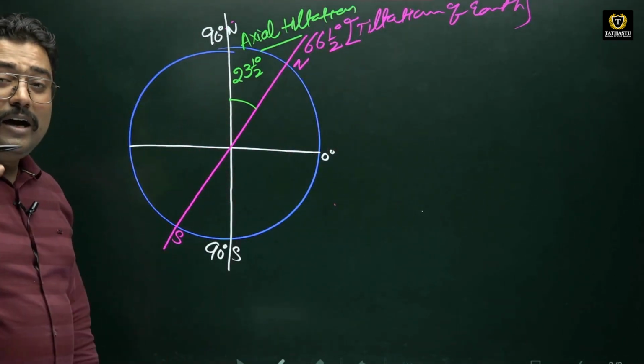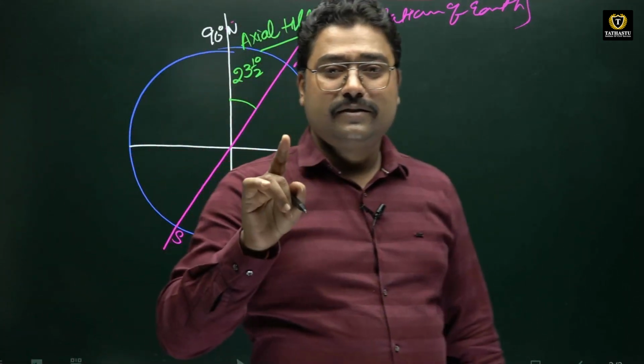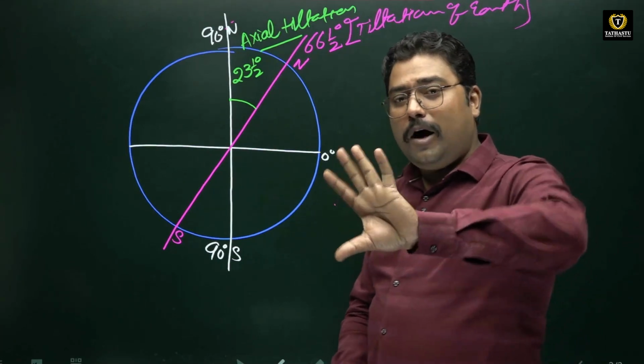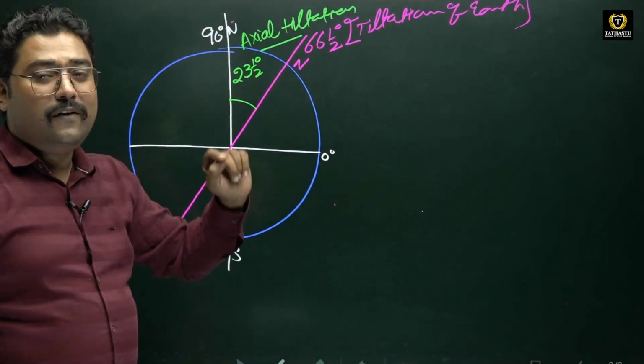Means the Earth is tilted over its axis at 23.5 degree and the whole body is tilted at 66.5 degree.